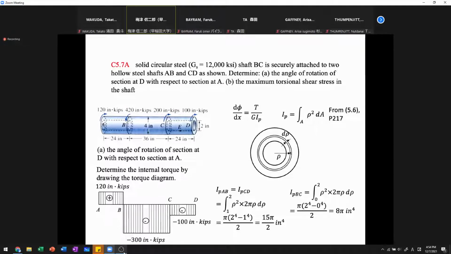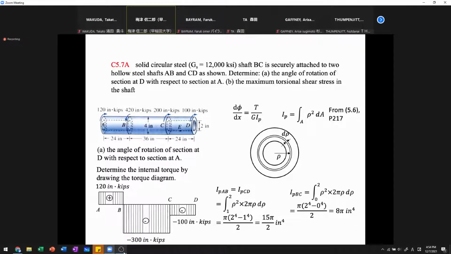And dA is here, so that is 2 pi rho, which is the length of this circle, and d rho is the thickness of the part. So this area will be calculated as 2 pi rho d rho, like this.